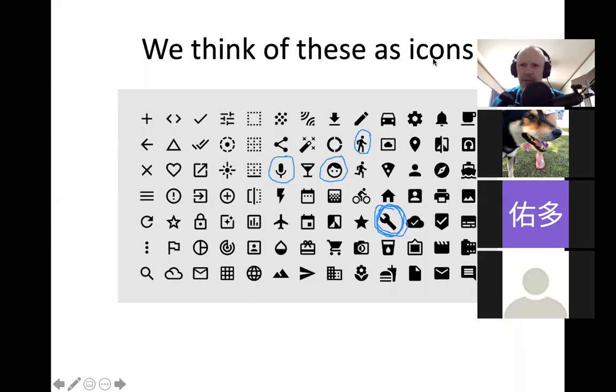You're probably trying to communicate something different. Maybe settings. You can fix things. So maybe you're not trying to communicate spanner. You're trying to communicate fixing things, perhaps. In other words, the meaning is different. What you're trying to communicate is different from the picture.